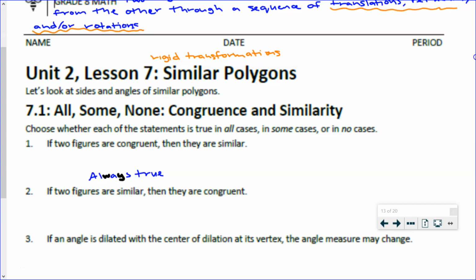So again, pay attention. Similar, that means we can do the rigid transformations, therefore it would be congruent, but we also allow dilations too.